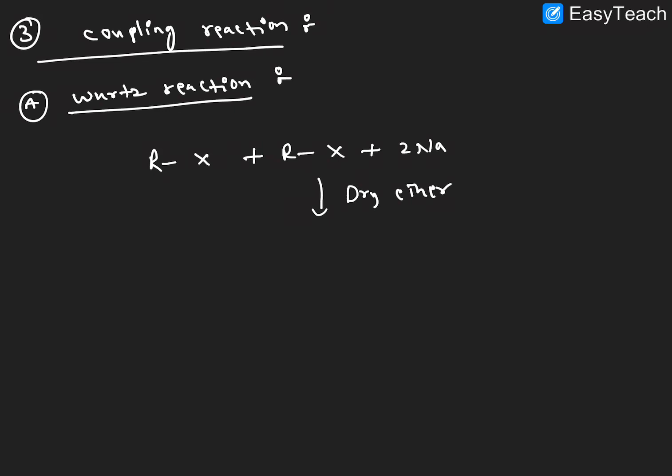What product is forming? This is the coupling reaction, so we get R-R plus 2NaX. The number of reactions here is n, and we get a number of carbons of 2n.